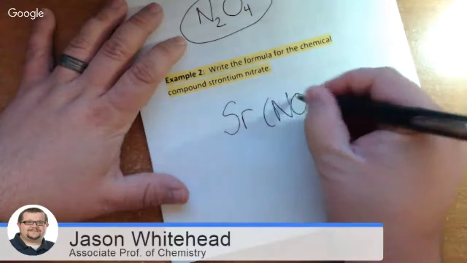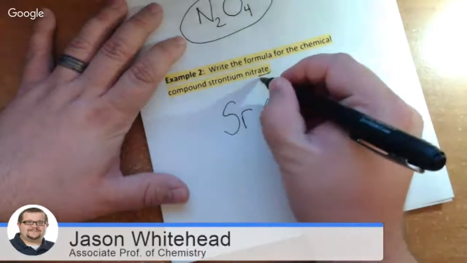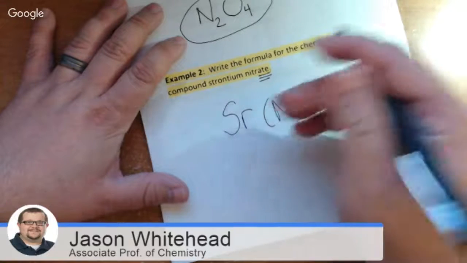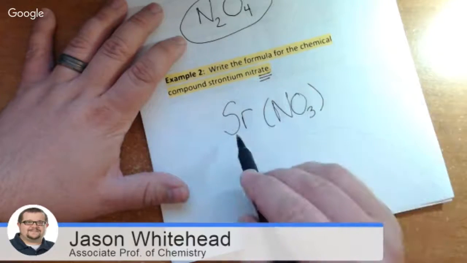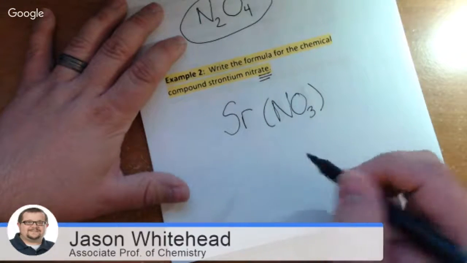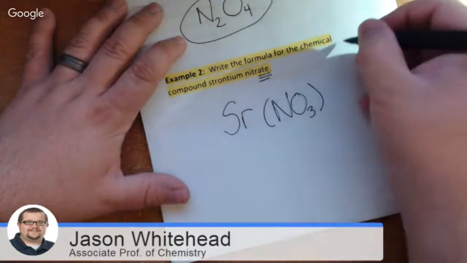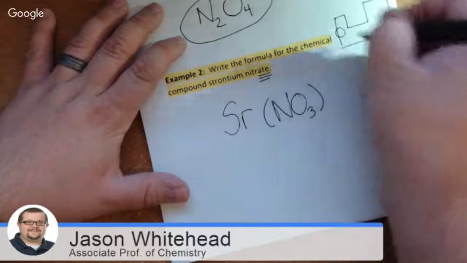Nitrate, out of memory, has to be a memorized polyatomic ion. When you see ates, ites, anything other than ide, think polyatomic ion. So I've got Sr paired with NO3, but we're still not done. This has a metal in it. If you looked at the periodic table, strontium shows up about there.